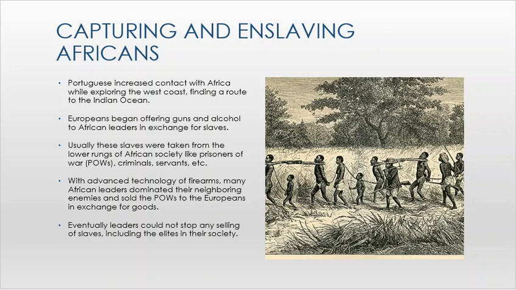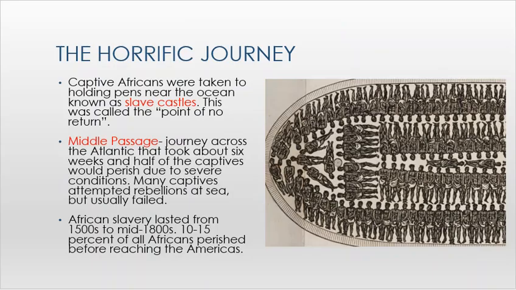I mean, the very family of these African leaders and tribes would also be sold into slavery eventually. At first it was okay if it was the lower rung riffraff, right? But then it became a big problem as they were taking the elites away too, the people that actually contribute more to the society and to the economy, etc.